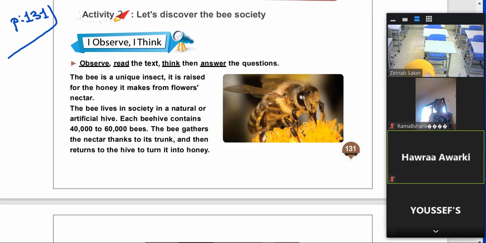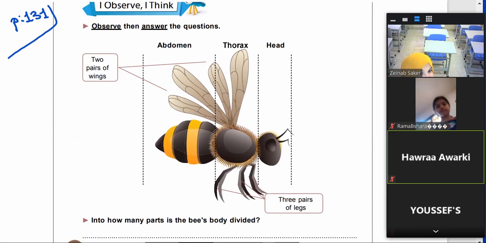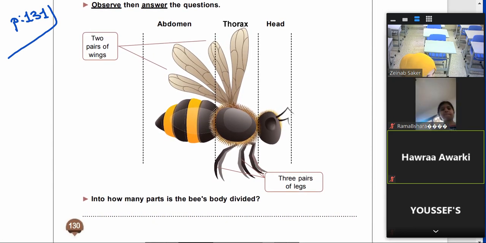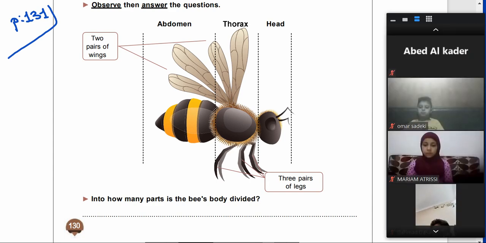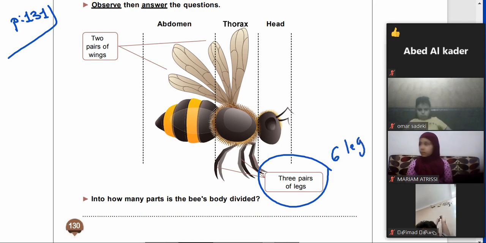In the previous sessions we have mentioned that the bee is an insect. Do you remember that? So the bee is an insect because it has 3 pairs of legs, meaning 6 legs. Thanks, Abdul Qadir.